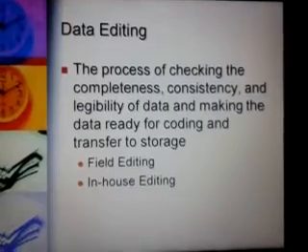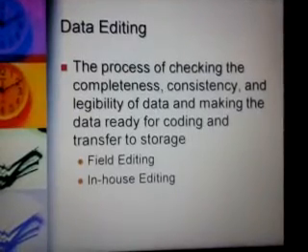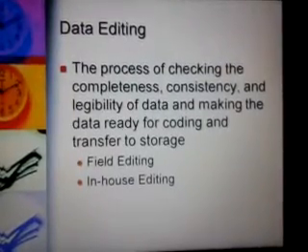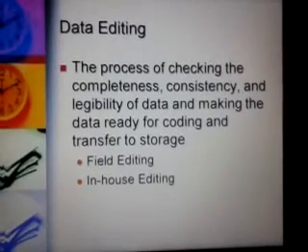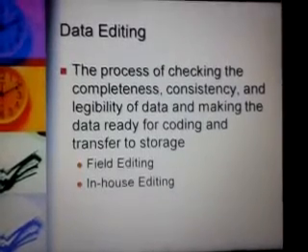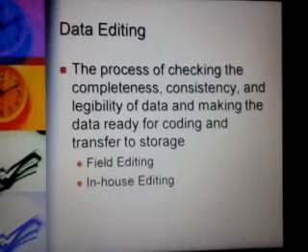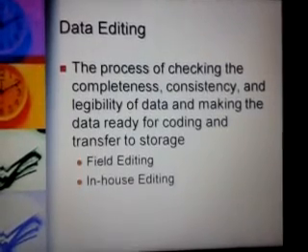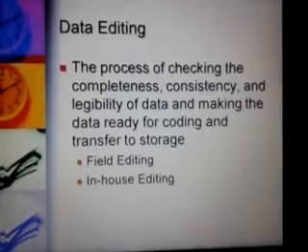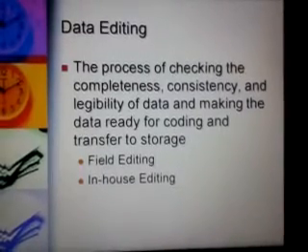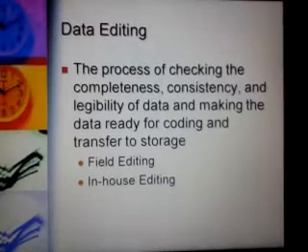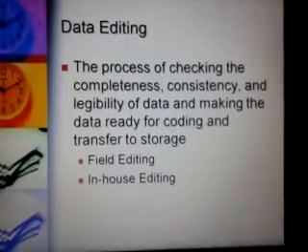So if anything is missing in the data collected from the respondents, or if anything is not consistent, that seems to be incorrect, that needs to be corrected, or sometimes completed by the researcher, and then the data should be coded and entered into the system.